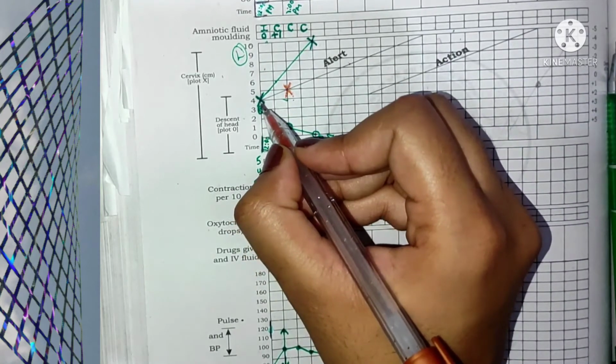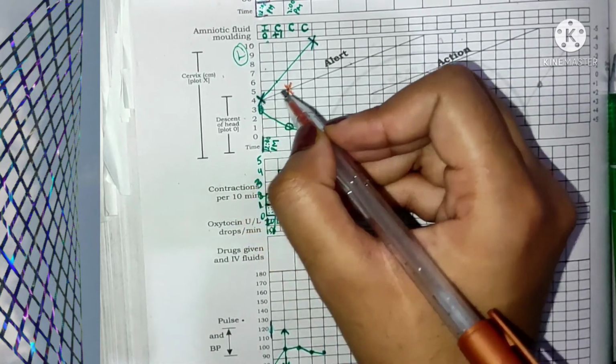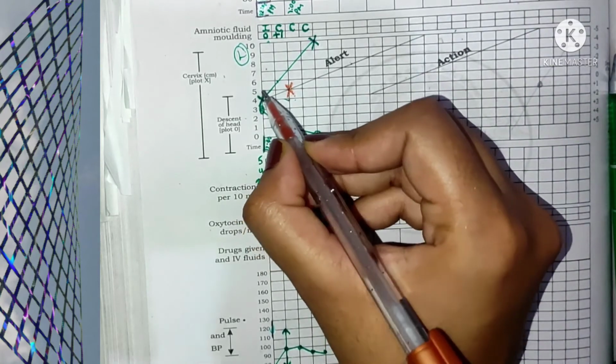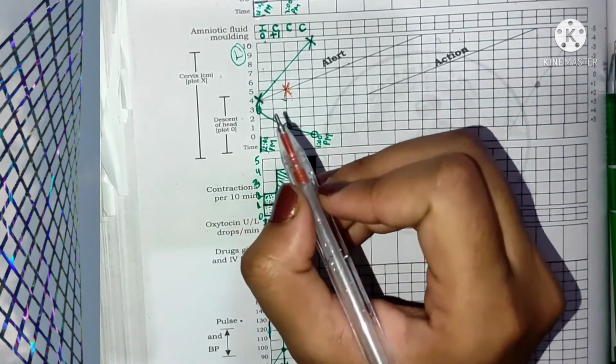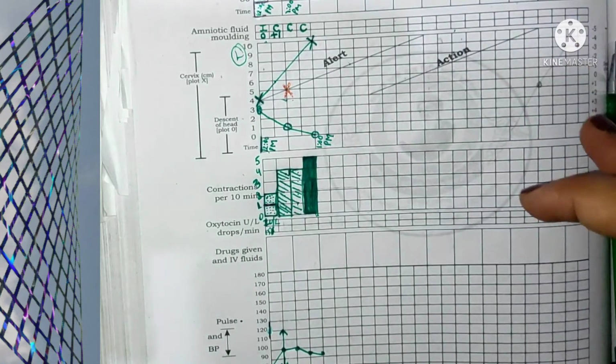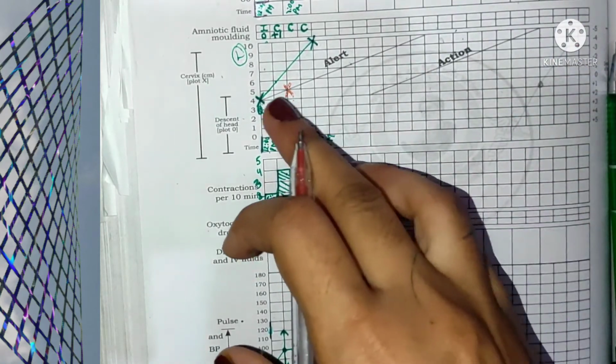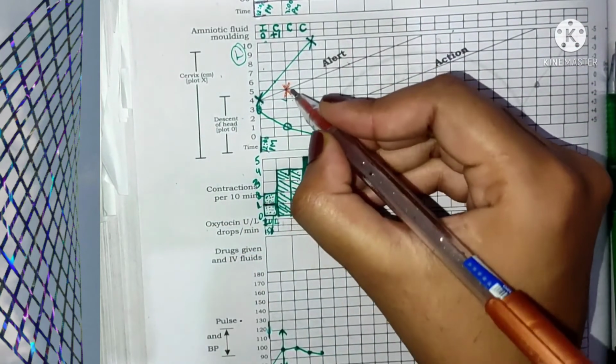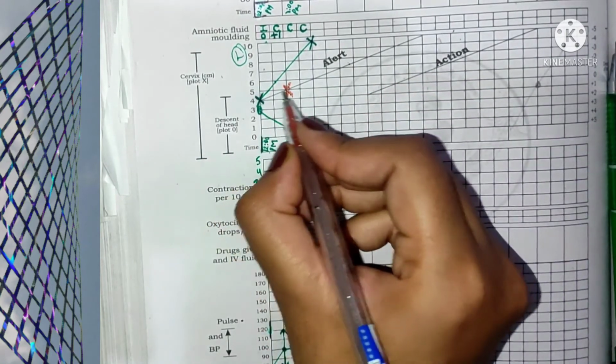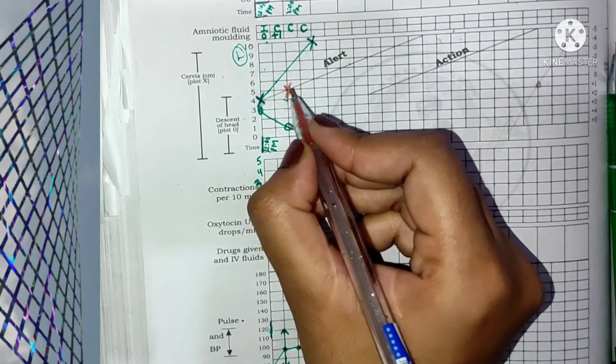Okay, if the dilatation is 4 centimeter when you started documenting, then you need to place the cross at 4 centimeter. But if the patient came to you when the dilatation already went to 5 centimeter, then you have to place a cross over the alert line at 5 centimeter.